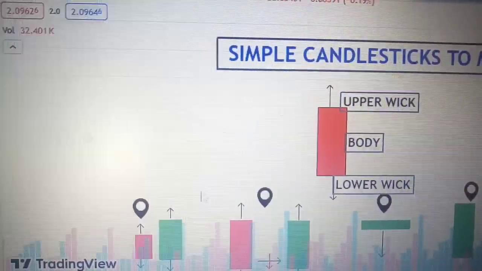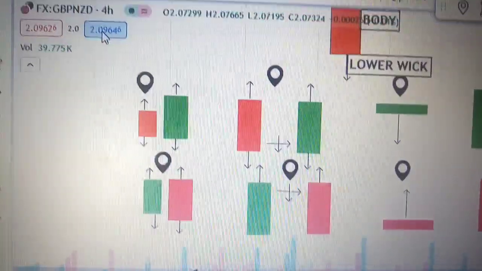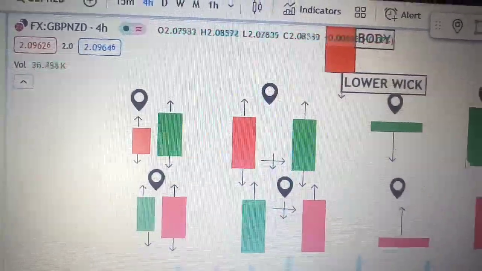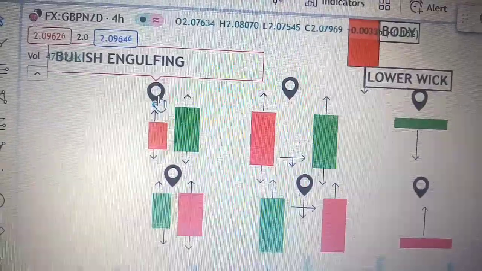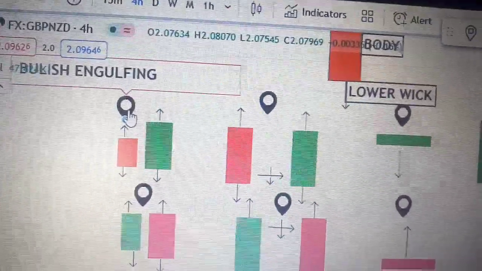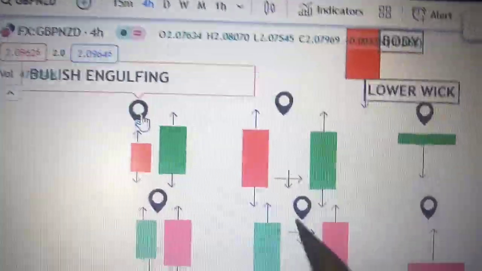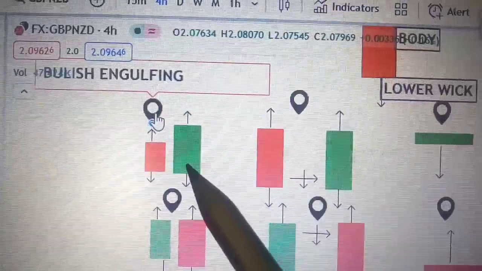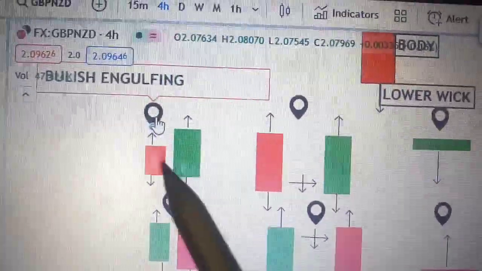Now from there, at least you know the candle has three parts. Now let's get to know the simple candles that you can master any day, anytime, and they will help you along the way. The first type of candle is called a bullish engulfing candle, and in this type of candle, the green candle is bigger than the red candle. The green candle is longer than the red candle.